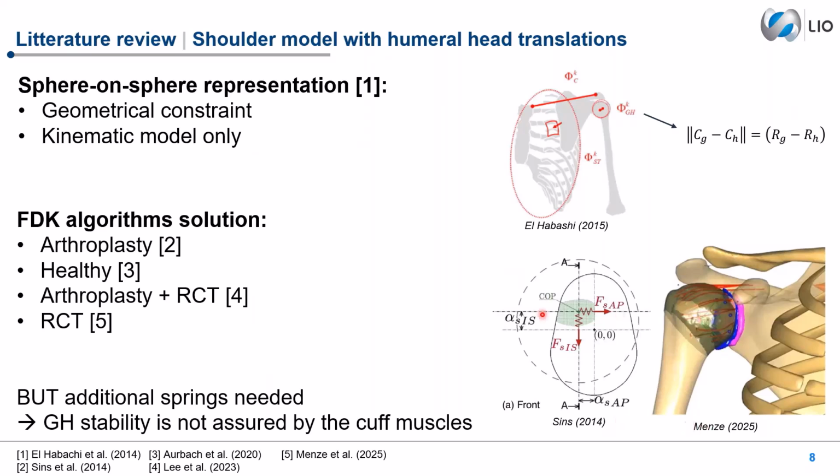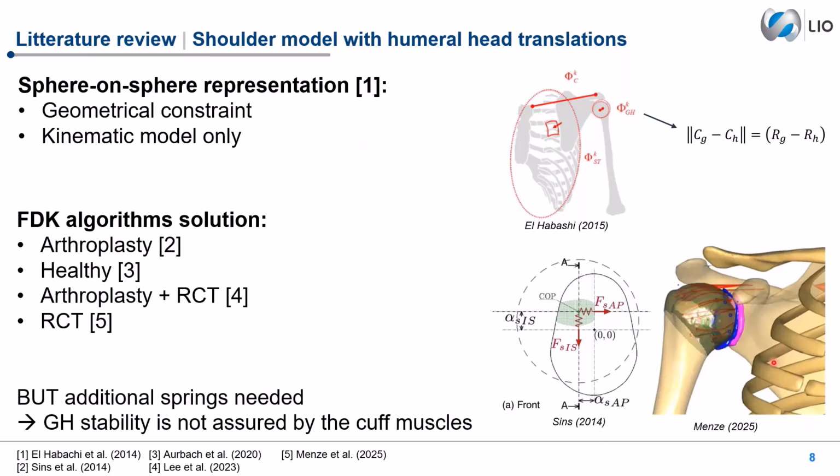So this is a really good solution to have a nice kinematic for the humeral head. But what it is not solving is that they add additional springs. This is the model from Thin, a very simple one with just two springs to center the humeral head, and this is the model from Menze with a lot of springs, which you can see in red.